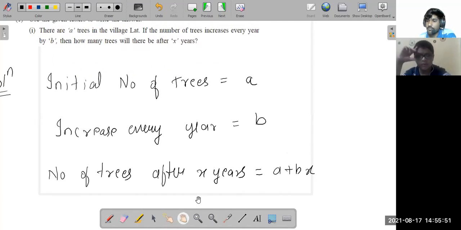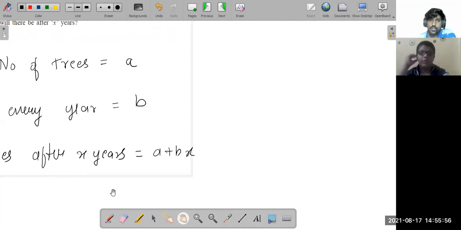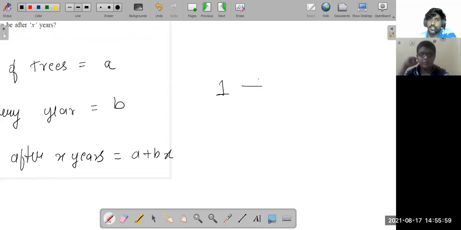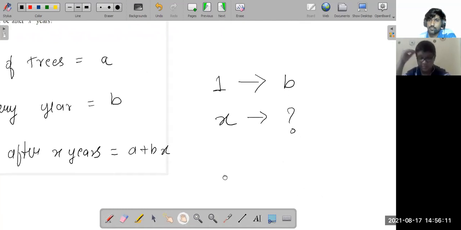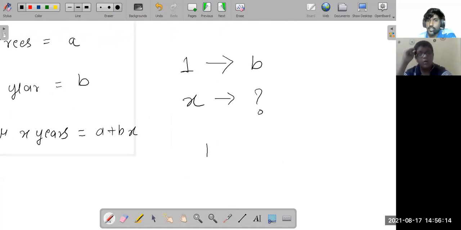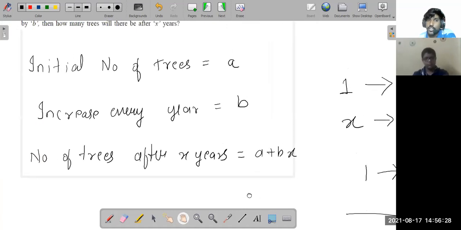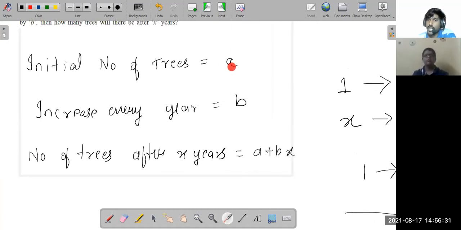See. Suppose in 1 year the number of trees has increased by B. Then in X years it will increase by B multiplied by X. Initially there were A trees.